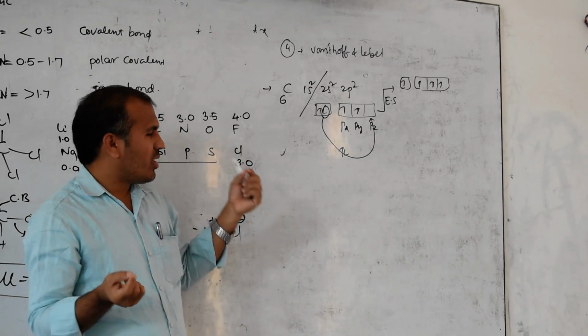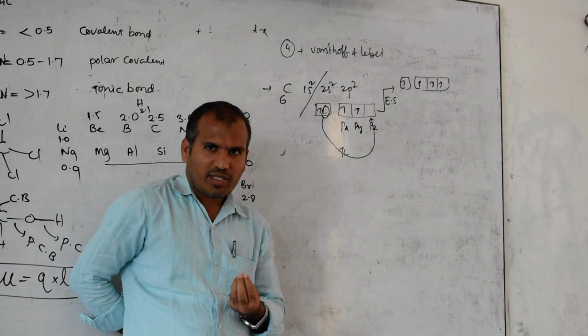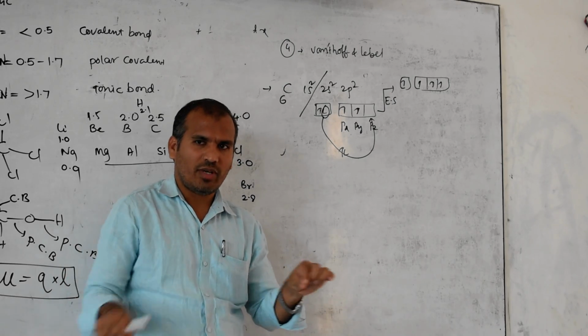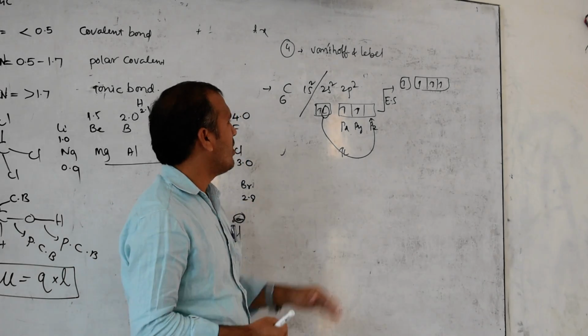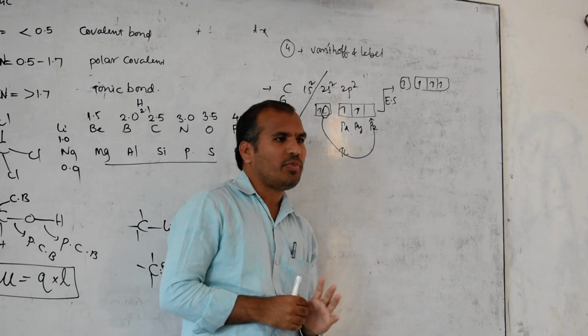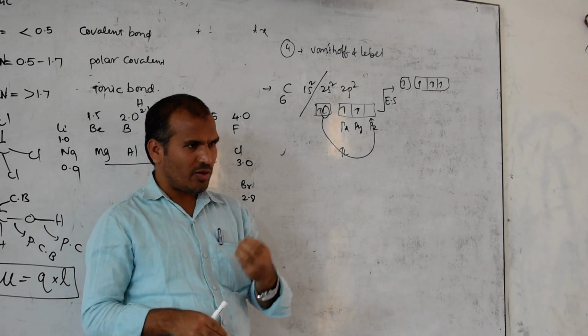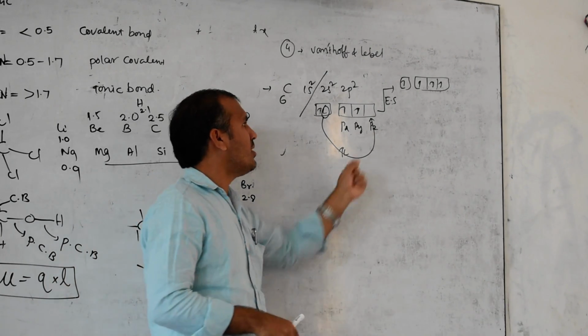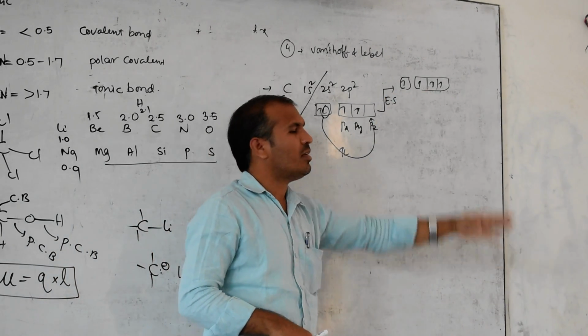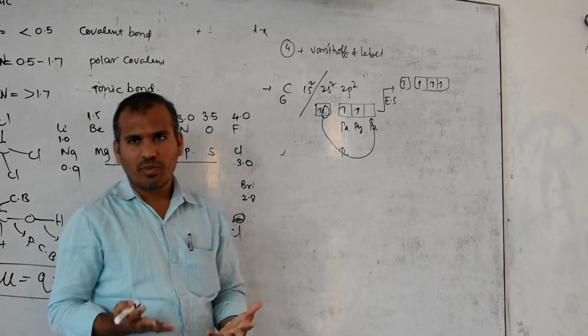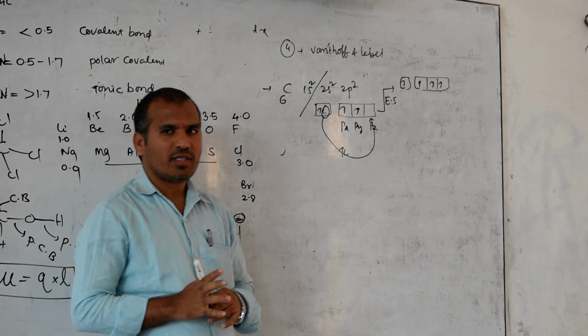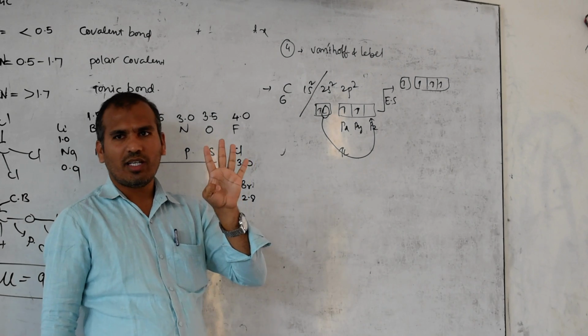Sometimes whatever energy or temperature is available when you mix is sufficient to jump this electron to the p orbital. No need to provide anything extra. In the reaction mixture, whatever energy is available is enough. Then it comes to 4 unpaired electrons, and those 4 unpaired electrons form 4 bonds. Therefore, carbon valency is always 4.